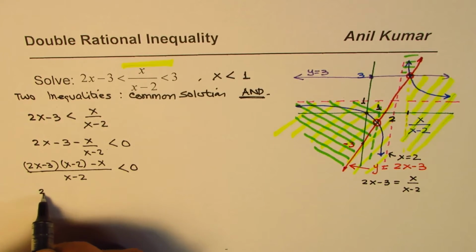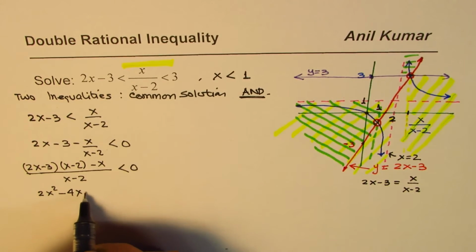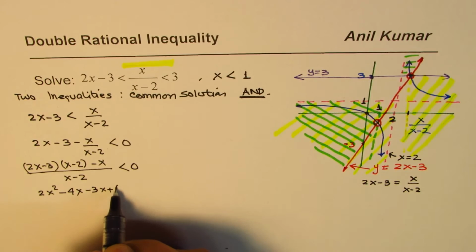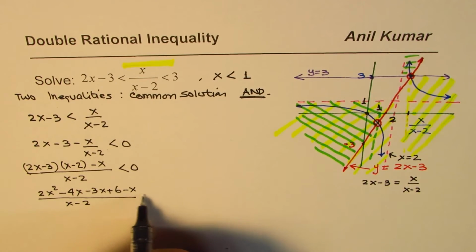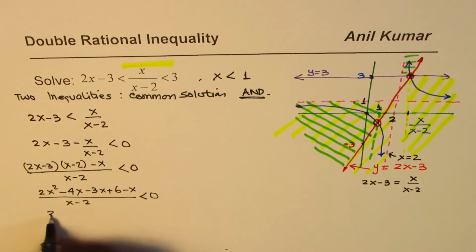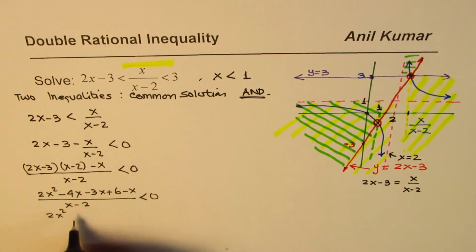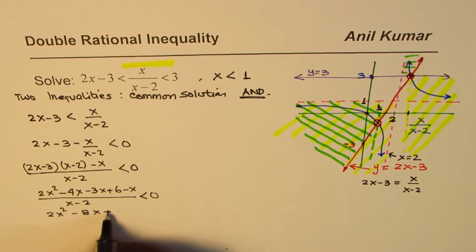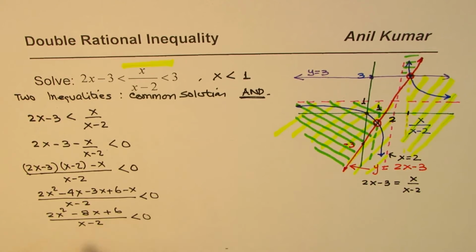So 2x squared minus 4x minus 3x plus 6 minus x, divided by x minus 2, should be less than 0. And then we can combine the like terms. We have 2x squared minus 4x minus 3x is minus 7x, and minus this x is minus 8x, plus 6, divided by x minus 2, is less than 0.